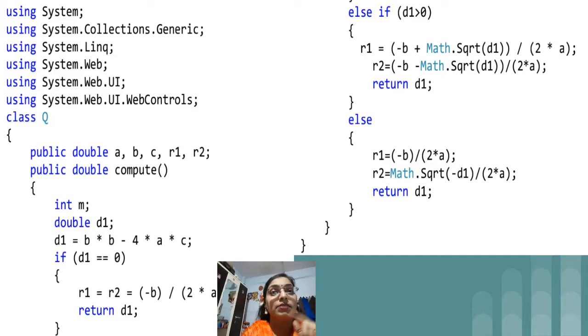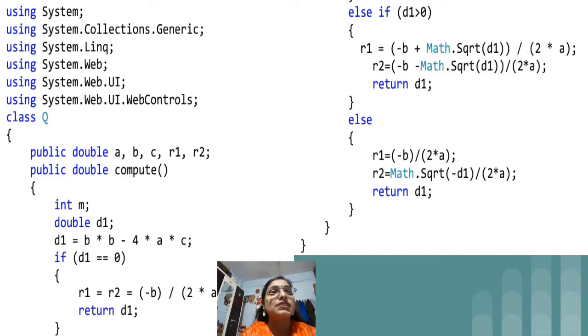We have already learned these classes: Math, DateTime, TimeSpan, and the structures. So sqrt is a function of the Math class. This is the reason why we have written Math.sqrt(d1), that is minus b plus square root of b square minus 4ac divided by 2a, so 2 into a. Again here also we have to return d1.